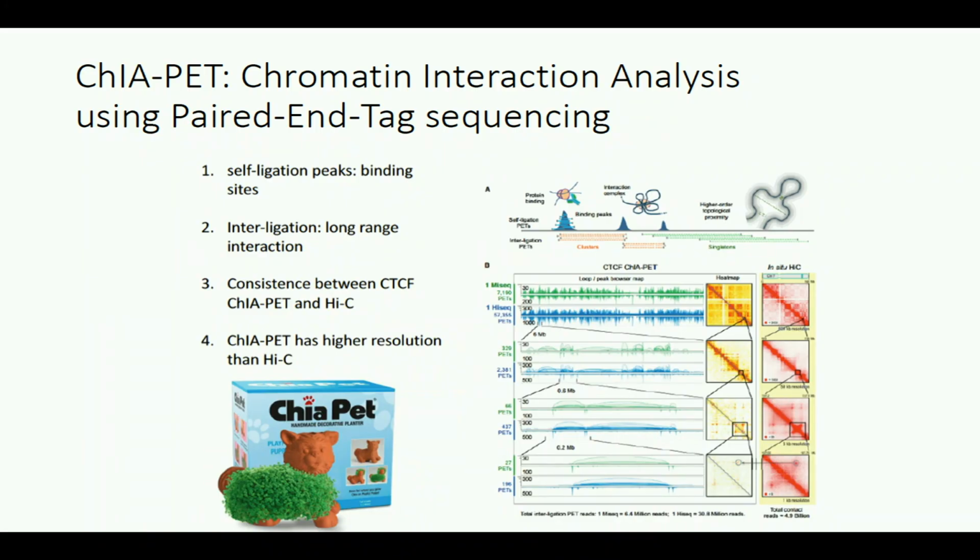And so you either get self pairs from the same sequence, or you get pairs of two contacting sequences, which could be coming from a very remote region. Again, it gives us this contact map type of data, and at the same time you also get per sequence position readouts, like in ChIP-seq and DNA-seq.